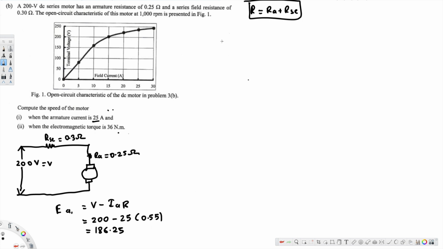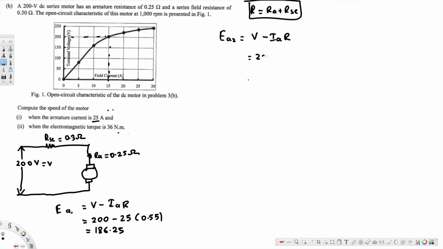And the next thing is we are going to find out EA2, because we need two conditions. Initially it is 25, and then when the voltage is 200 volt, if you compare in the graph, you will see that at that time the field current is 15 ampere. So we have to use that to find EA2. EA2 is going to be the same equation, V minus IA times R. The only difference is IA is going to change.